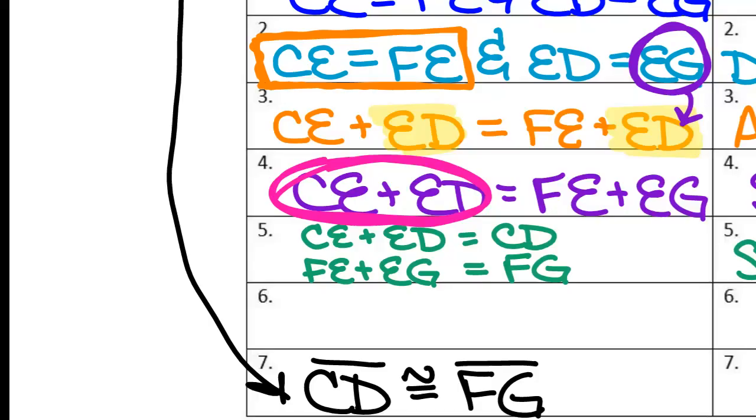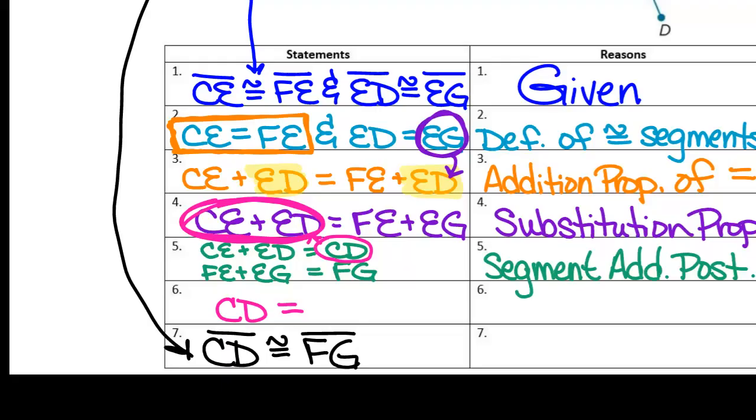CD, yes. So this is going to take the place of CE plus ED. I have CD equals. What do I know of that's the same size as FE plus EG? FG.